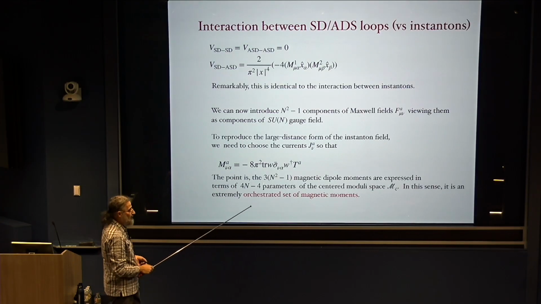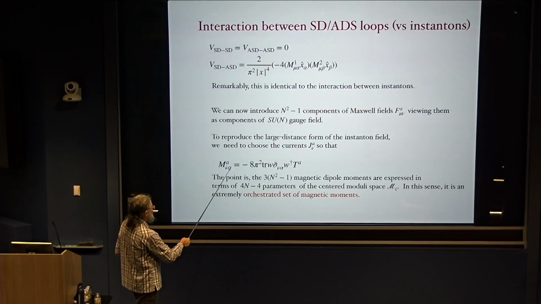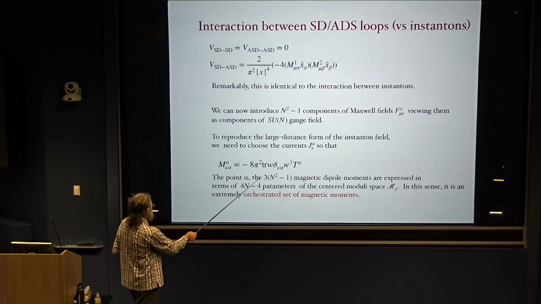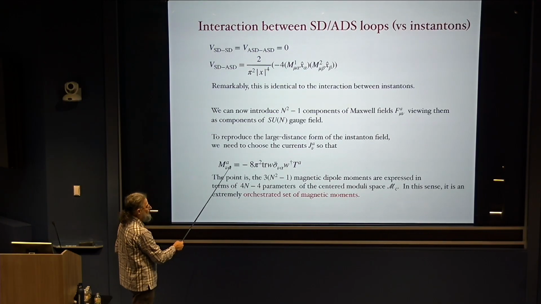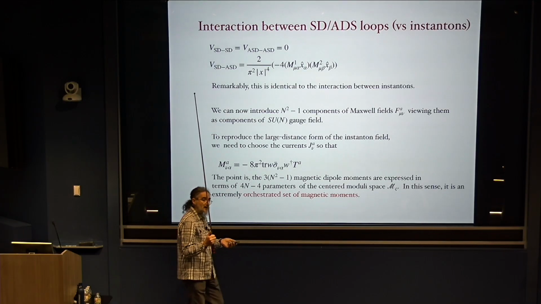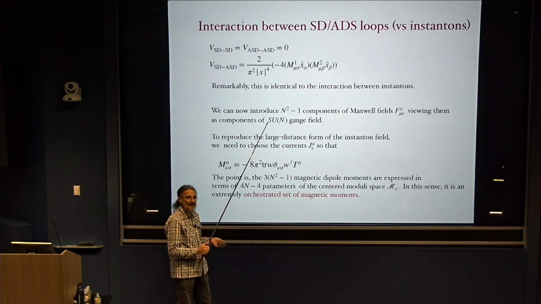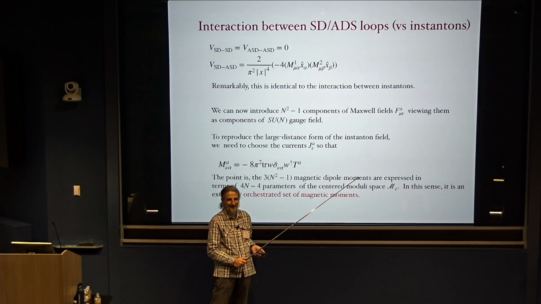Now, however, in Yang-Mills theory, we have these dipole moments, and of course, it is self-dual. There has to be a multiplicity of 3, and there are 3(n squared minus 1) such objects. But it is something very bizarre, because all of these 3(n squared minus 1) things are determined by the 4n minus 4 parameters of the centered moduli space.